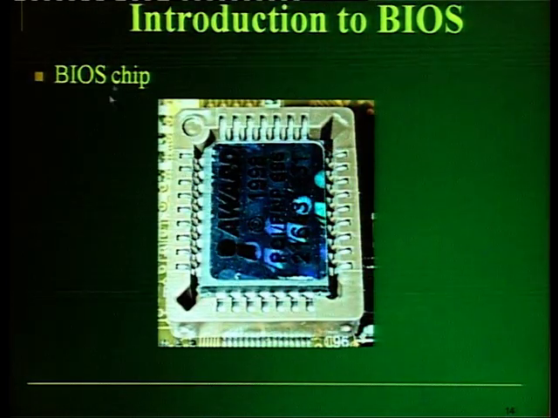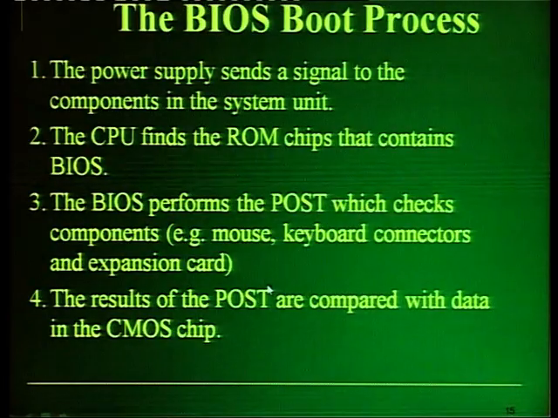Introduction to BIOS. This is the chip diagram that is present in every system, the ROM BIOS. The power supply boot process, the BIOS boot process: what are the various steps that we go through in the boot process? First of all, we switch on our PC system, and the power supply sends the signal to the components in the system unit.